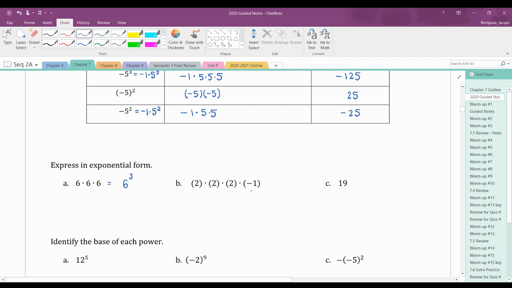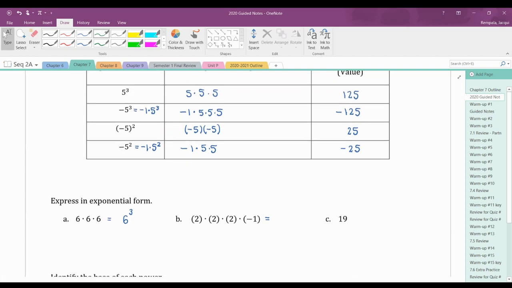If I look at the next example, notice that I see the number 2 repeated 3 times, and then I see a negative 1 off to the side. So I would want to think about it like what I have highlighted up here. The negative has nothing to do with what is actually the base with the exponent.